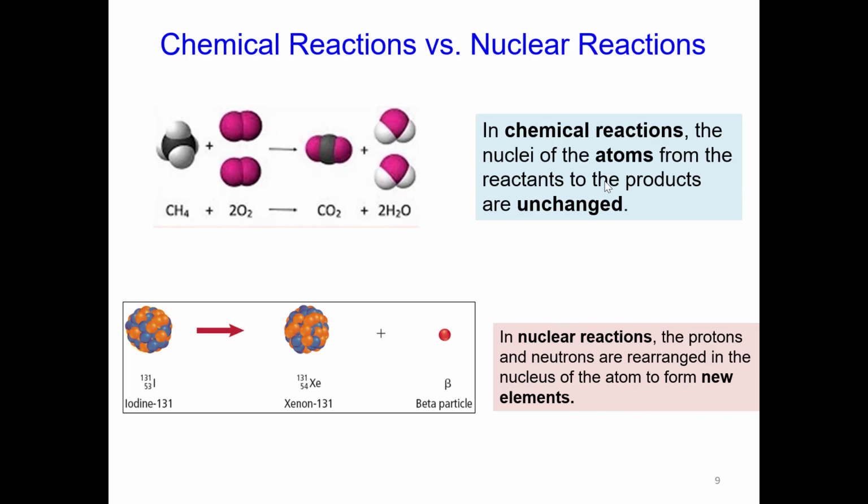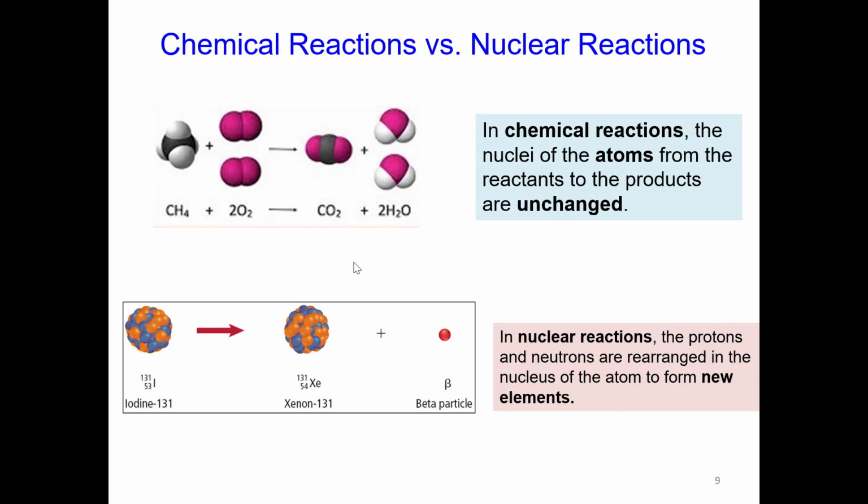In chemical reactions, the nuclei of the atoms from the reactants and the products are unchanged. This is why we have the same element on both sides of the equation. For example, in this case, we had carbon, carbon, we had hydrogen, hydrogen, we had oxygen and oxygen.